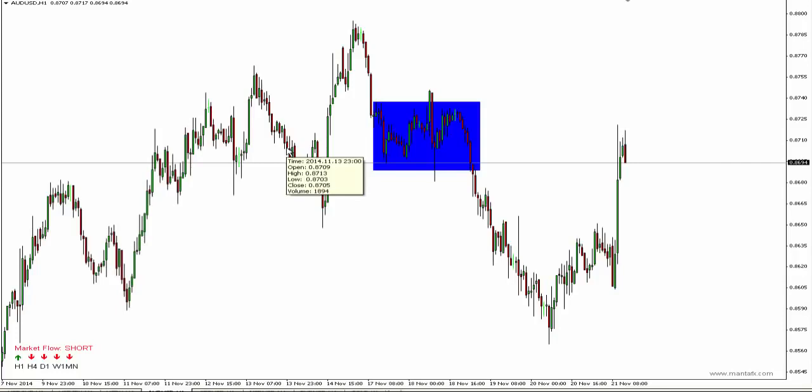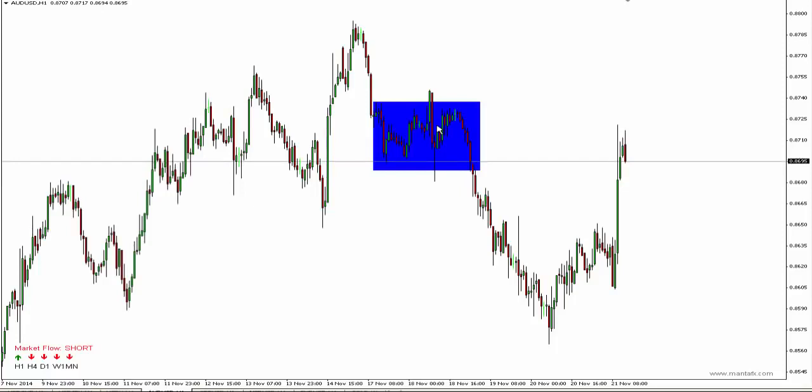Regardless, this was a great trade. It was well worth the risk, and these kinds of setups happen a lot. They work especially well if the trend is obviously down.